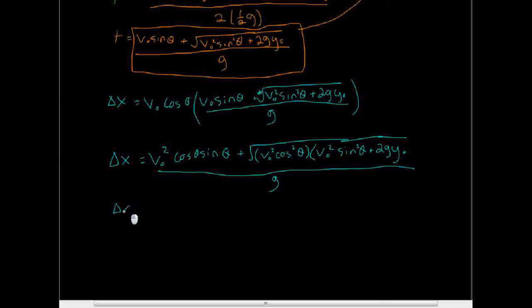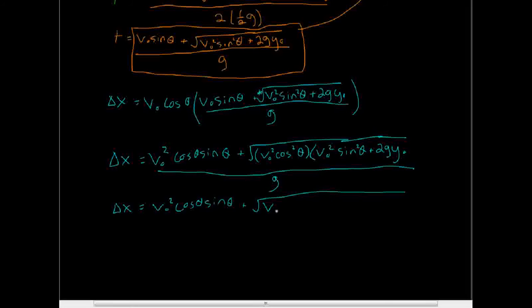We get delta x equals v naught squared cosine theta sine theta plus the square root of, I'm going to distribute the v naught squared cosine squared theta now.